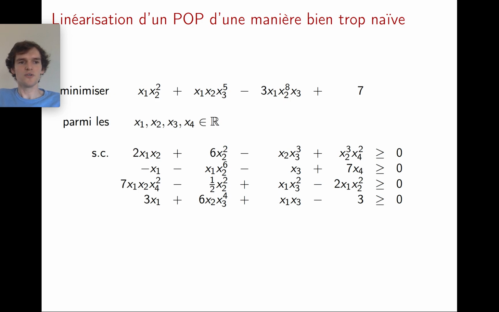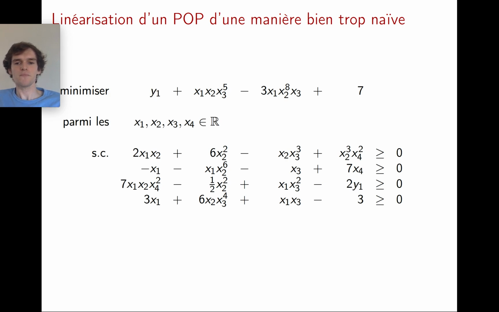So one thing that you can do, very naively, that is tempting to do, is you could try to get rid of non-convexity. The non-convexity comes when you're multiplying these variables with one another. So all these monomials lead to non-convexity. So as a first approach, you could just replace these monomials by new variables. For instance, here we have x1 times x2 squared that shows up in 2 places, so we could replace it by a new variable, let's say y1.